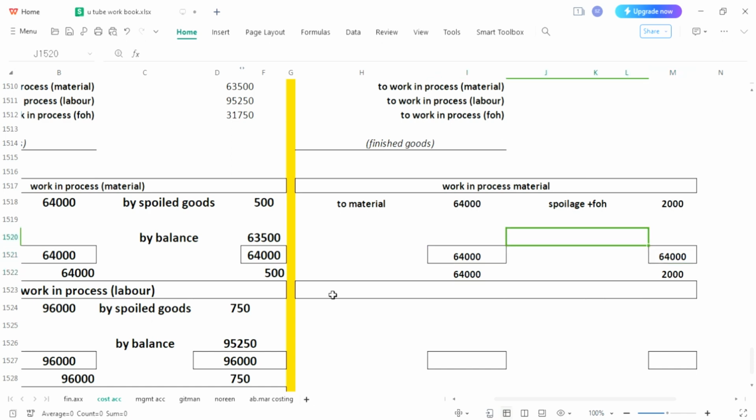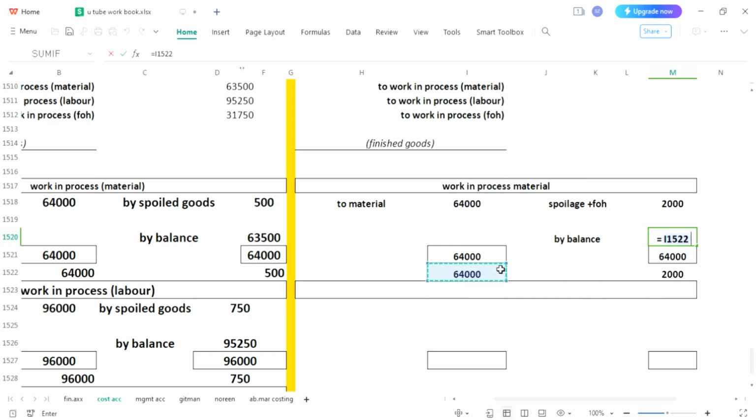The smaller side was credit because total of credit side was 2000. Here you will calculate the balance. How? You will subtract smaller sum from the larger sum. Your larger sum was 64,000 and you need to subtract smaller sum 2000. In this way you have calculated your balance.